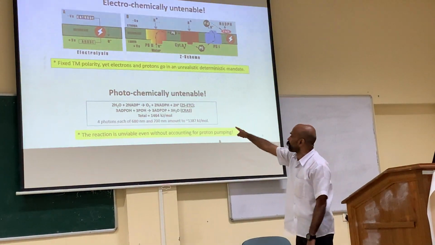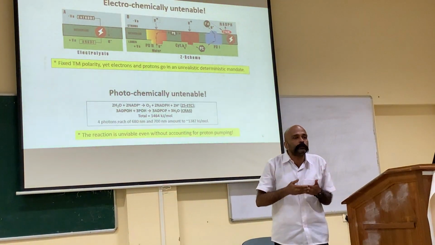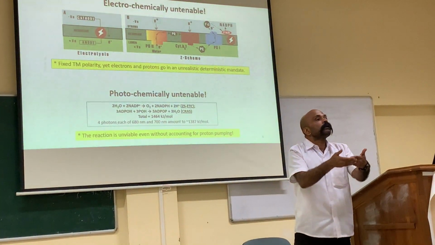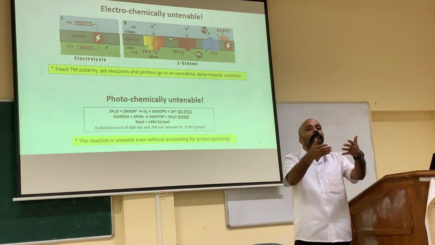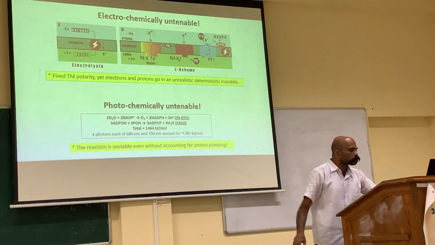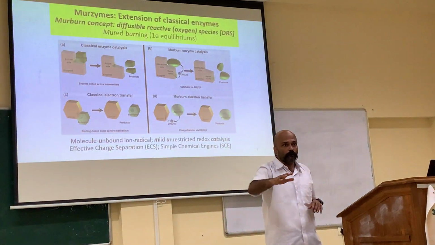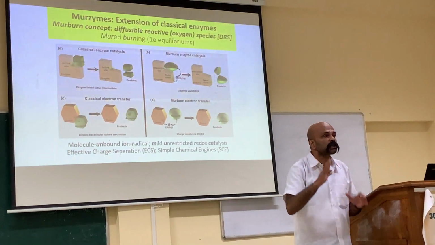You see the standard textbook equation. The amount of energy input is much lesser than the amount of energy needed for the reaction. Thermodynamically not viable. So at multiple levels, this scheme has flaws. It is not sustainable.